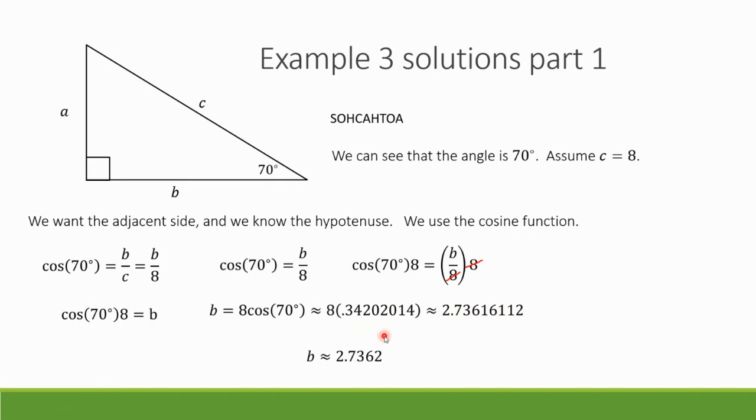I'll tell you how many decimal places to round to. Just make sure you use more than the number of decimal places I tell you to round to. Are there any questions about this one?